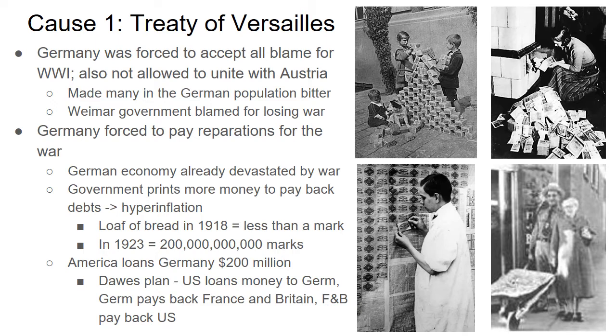German land and infrastructure had also been destroyed in the war. And so Germany was really, really struggling to pay back this debt they owed to Britain and France. The solution that they come up with to sort of fix that problem is to print more money. So, they print more money so that they can use that money to pay back Britain and France.